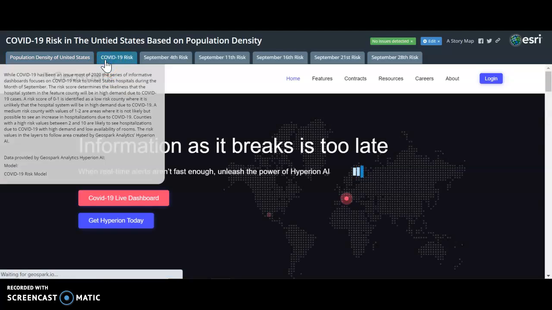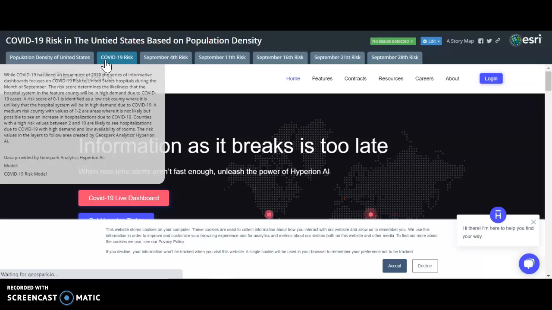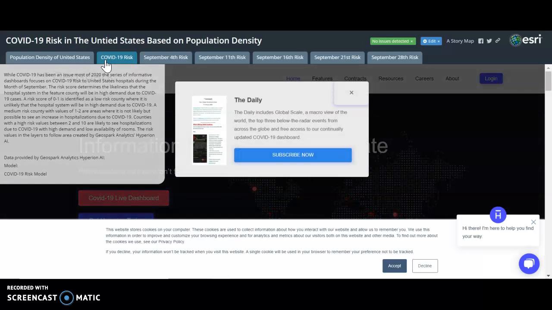Using Geospark Analytics' Hyperion AI, we are able to investigate the risk COVID-19 poses in each county in the United States over the month of September in 2020. The COVID-19 risk model developed by Geospark Analytics' Hyperion AI displays the risk each U.S. county poses on its corresponding hospital system.